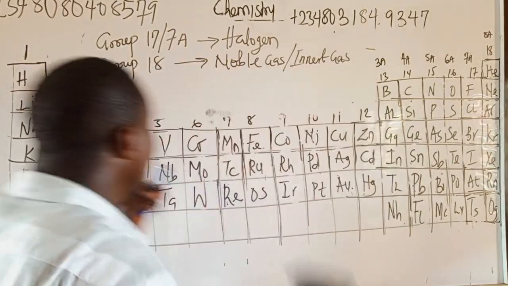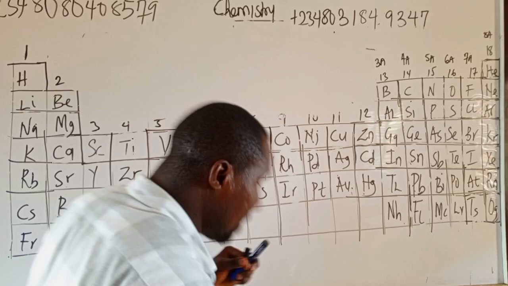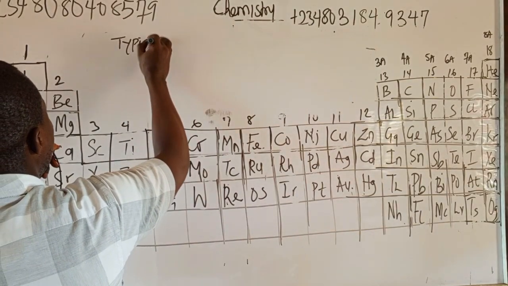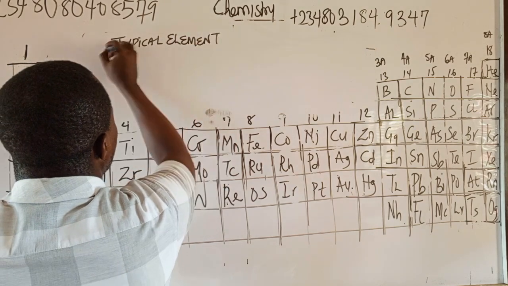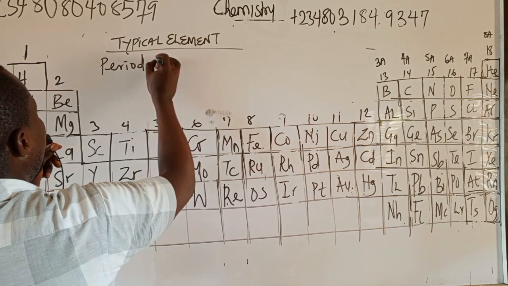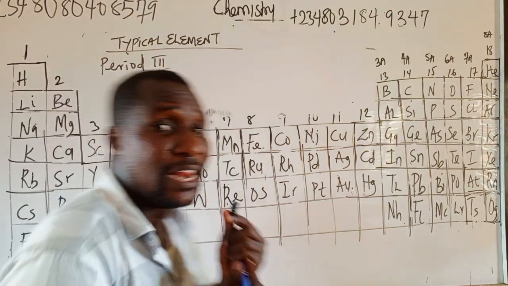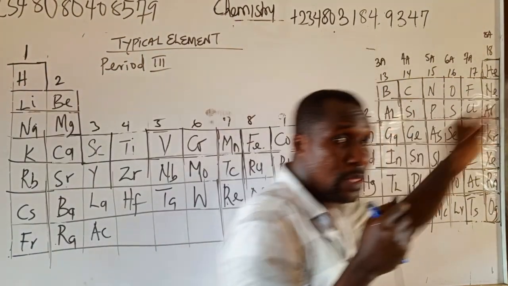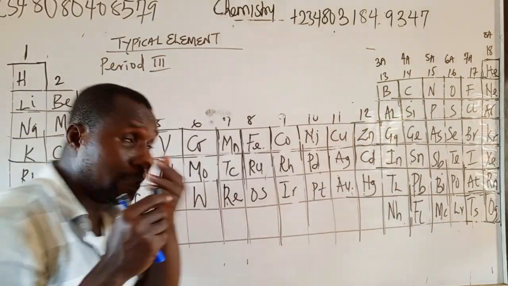Let us look at it. Typical elements are elements in period 3. This is period 1. We only have hydrogen and helium in period 1.